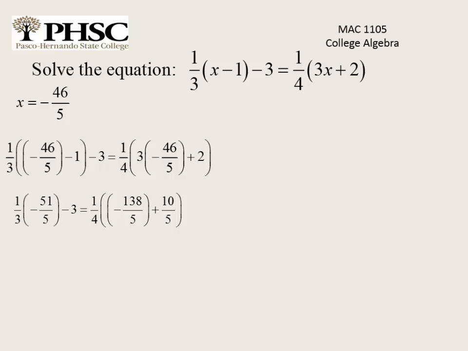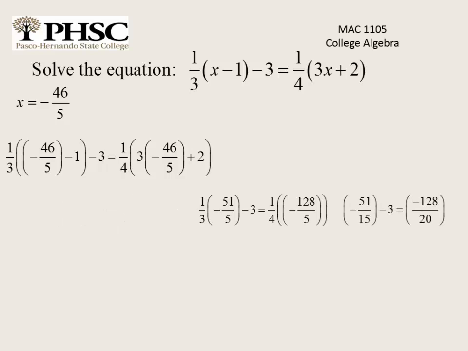So now negative 46 over 5 minus 5 over 5 ends up being negative 51 over 5. And then, of course, on the right side, we end up with negative 138 over 5. And, of course, we still have the 10 over 5. So on the right side, we did negative 138 over 5 plus 10 over 5, which gave us negative 128 over 5.